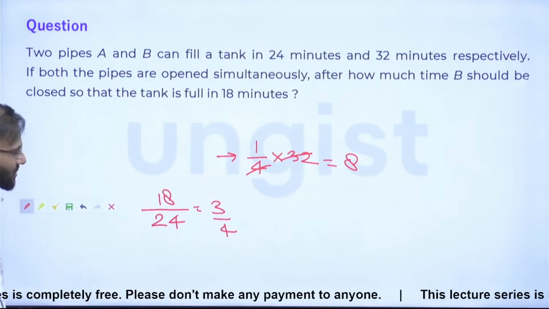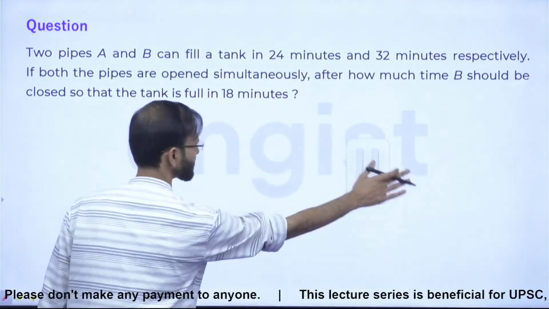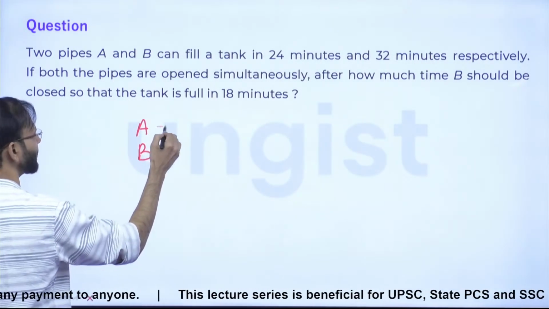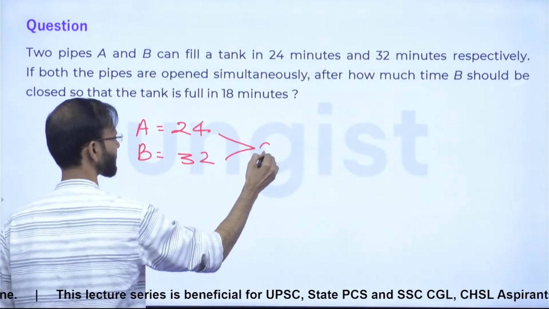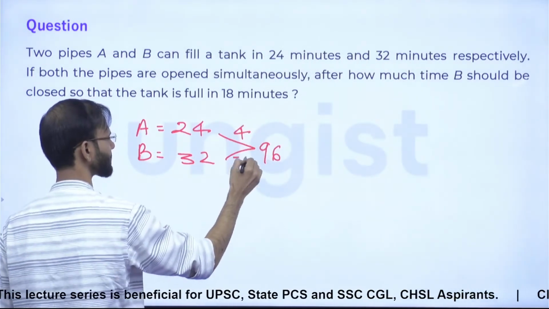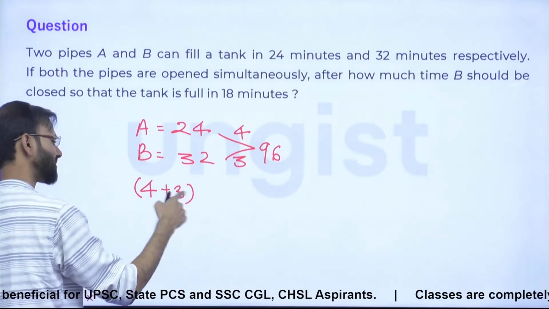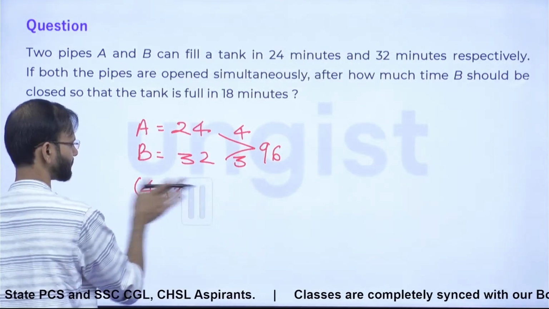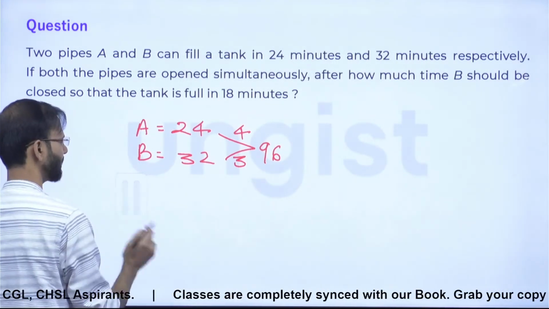Now friends, let me solve this question with the mathematical process that we use in these types of questions. A, B: this is 24, this is 32. LCM is 96. This is 4, this is 3. So 4 plus 3. They started together. Just wait.